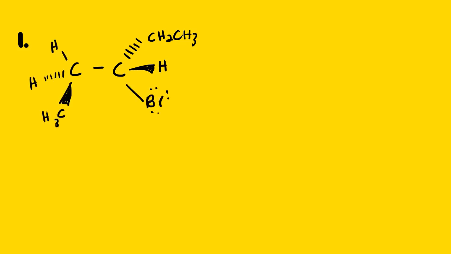For the first example to demonstrate E2, let us use one of the examples that we have in one of the textbooks. So it's a reaction between bromopentane with sodium ethoxide.